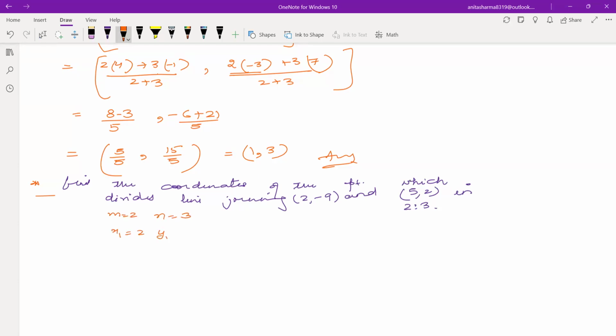x1 is 2, y1 is minus 9, and x2 is 5, and y2 is 2. So now apply the formula: (mx2 plus nx1) upon (m plus n), comma, (my2 plus ny1) upon (m plus n), right?